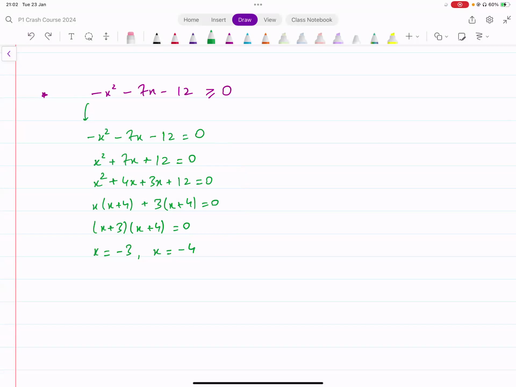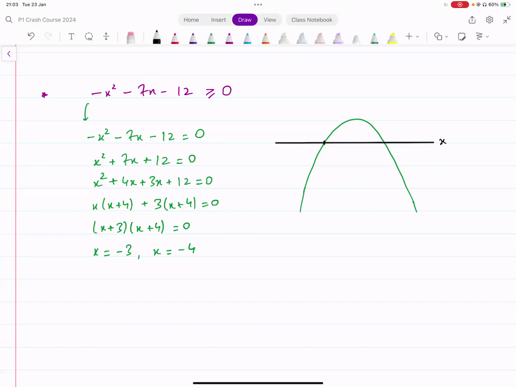How is the graph of this function going to look? The coefficient of x squared is negative. The graph of this function would actually look like this. It's an n-shaped graph, right? And this is the x-axis, let's say.